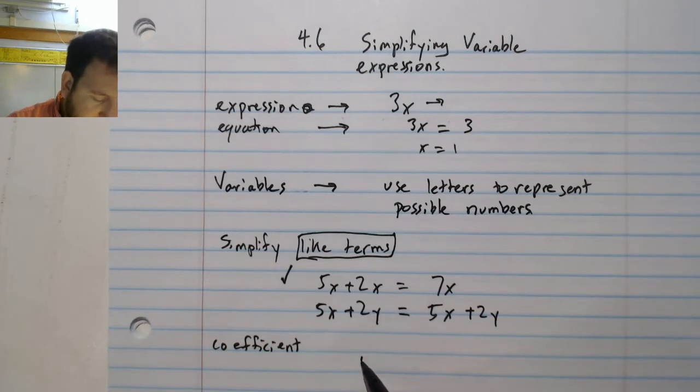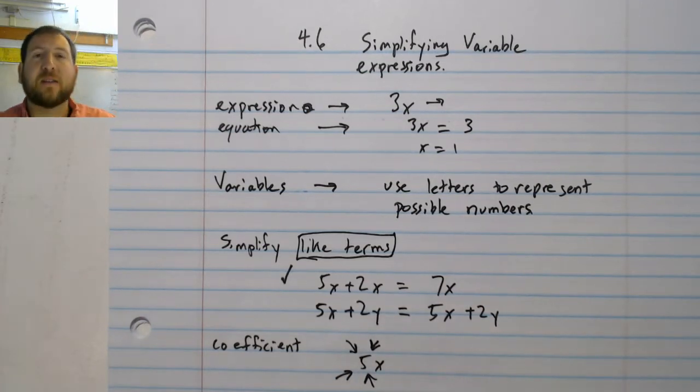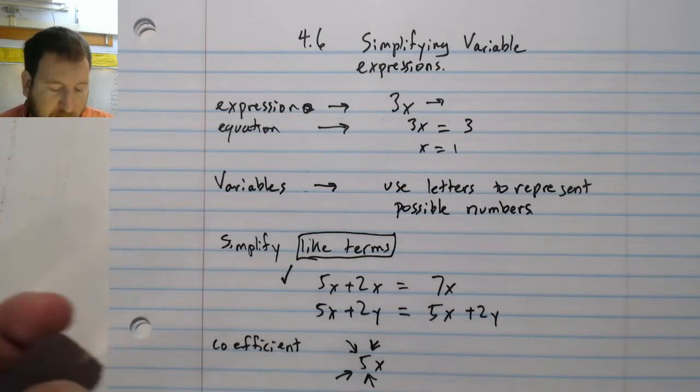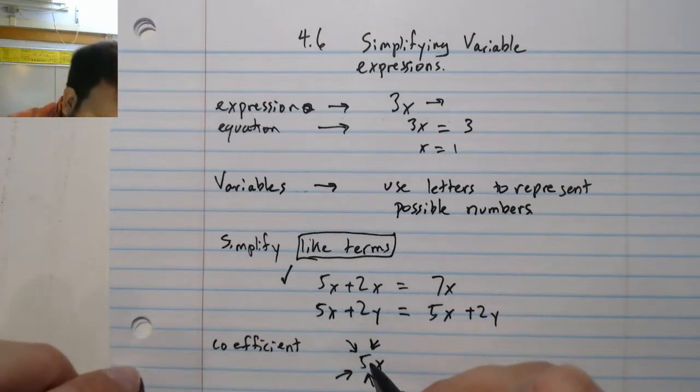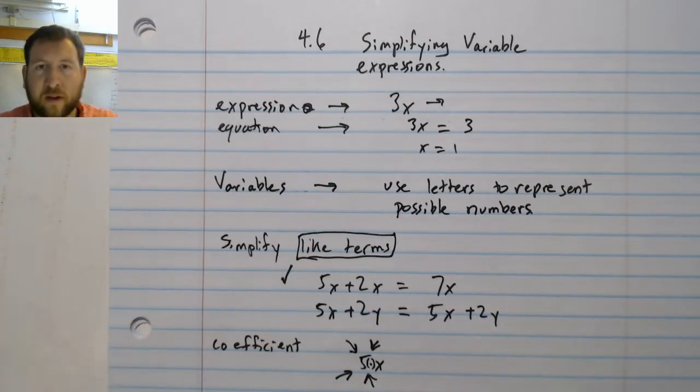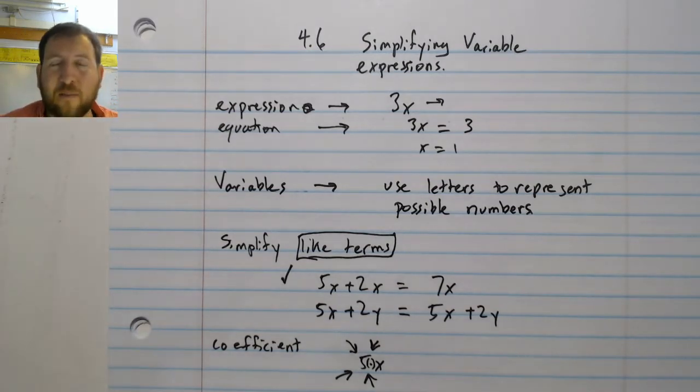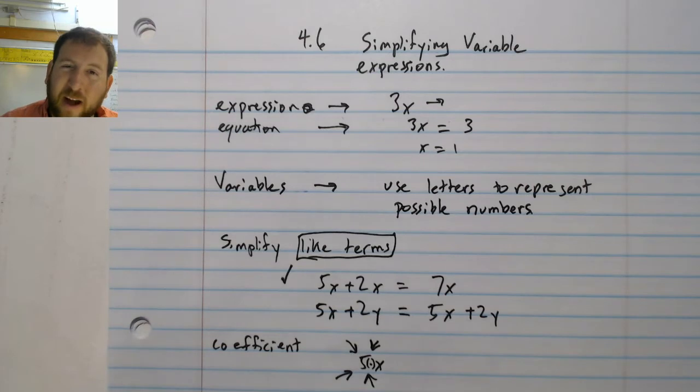So if I write 5x, this 5 right here is our coefficient. And it tells us how many times we're going to be multiplying that x by. Because remember, there's always that little implied multiply in between, right? But we don't have to write it because in math we use multiplication a lot, more than anything else. And we don't really write it as often as we need to, because mathematicians are lazy and they're saving space.